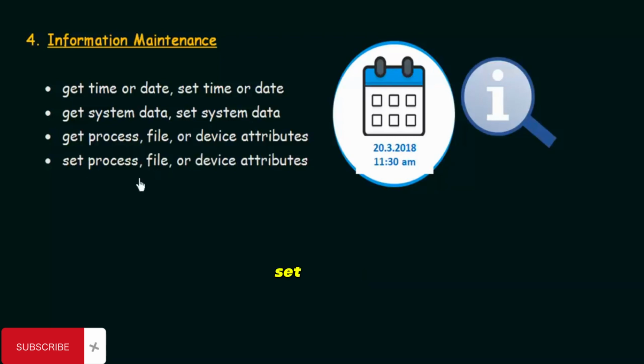And then we have set process, file, or device attributes, so we can set those attributes. All these kinds of system calls are related to maintaining the information of your system. They fall under this category of information maintenance system calls.